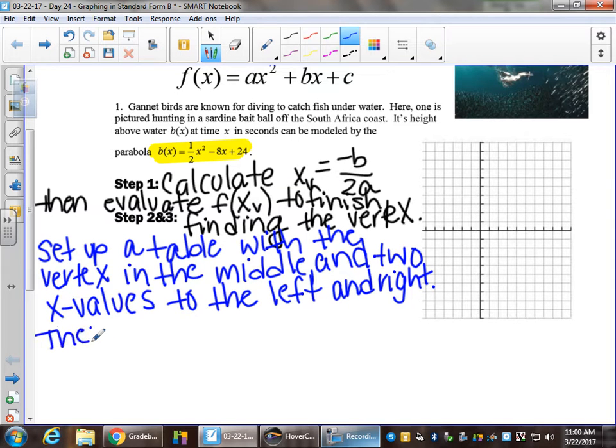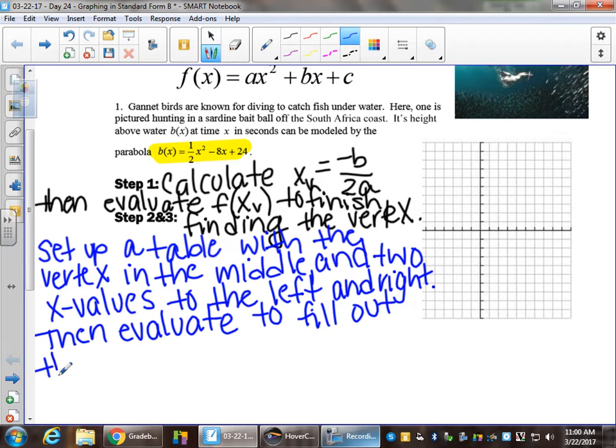Lastly, but it's not moving, it's still here. So you can still follow along. Then, well, I'll reread it. Then evaluate to fill out the rest of the table.